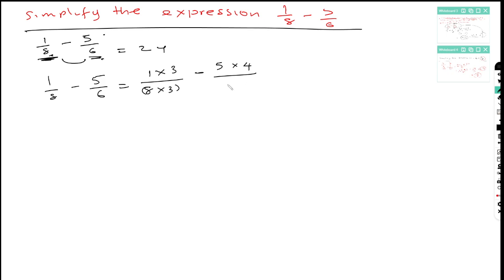What makes 24 here will be 6 times 4. This one and this one make 24.